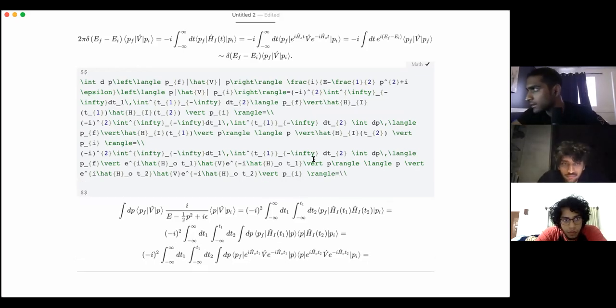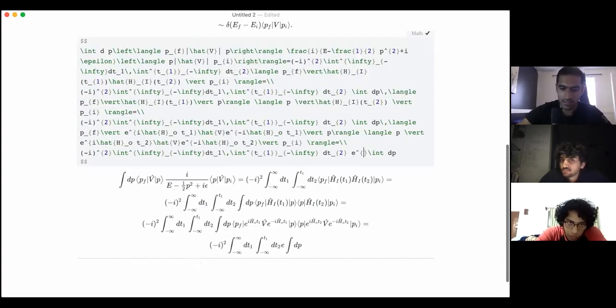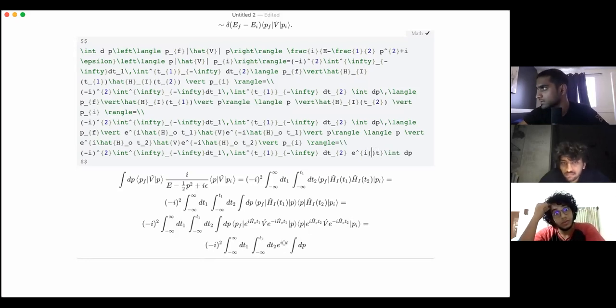Okay, so now I copy this. This is our collection of integrals, right? Let's remember this one is going from minus infinity to infinity, the second one going from minus infinity to t1. And there's a dp, but all these e factors don't care about it.